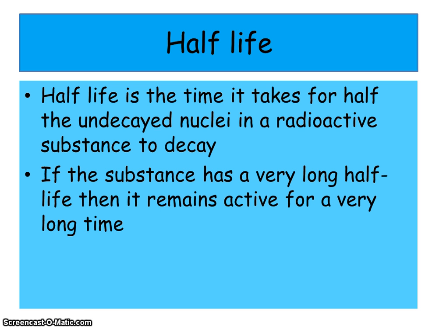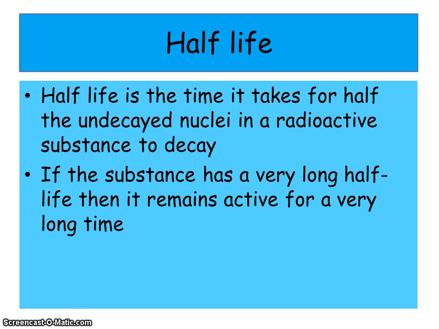The time taken for half of the radioactive nuclei in a sample to decay is called its half-life, and this is the time it takes for the activity to halve. In each half-life, the number of radioactive atoms remaining halves. So if you had 400 atoms to start with, after one half-life you will have 200 left. After a second half-life you will have 100, then 50, and so on.